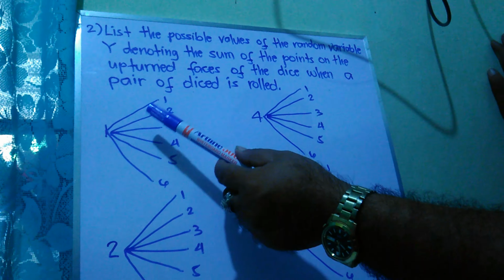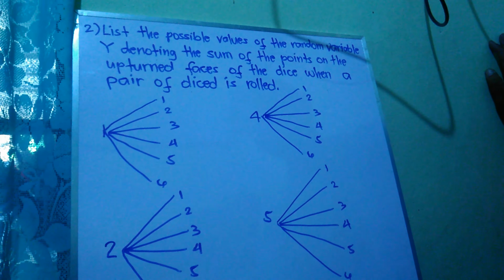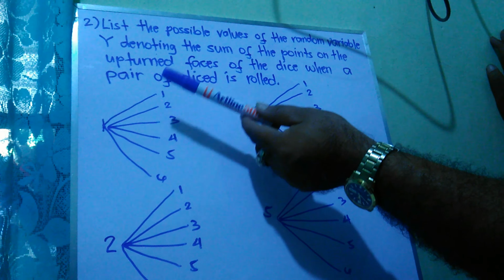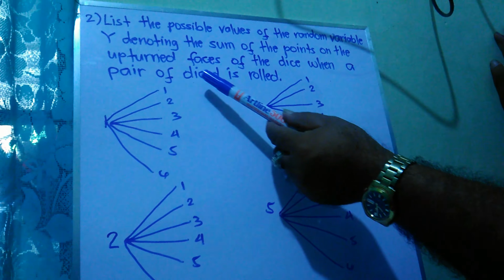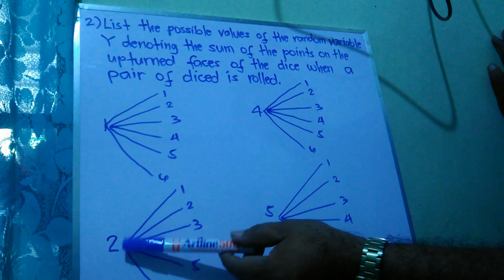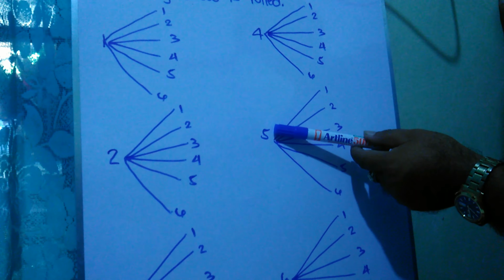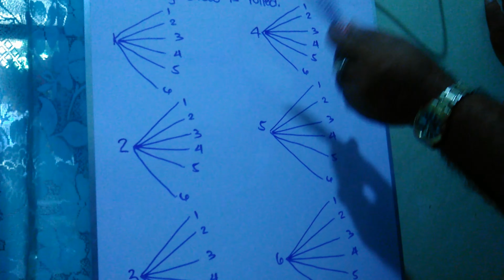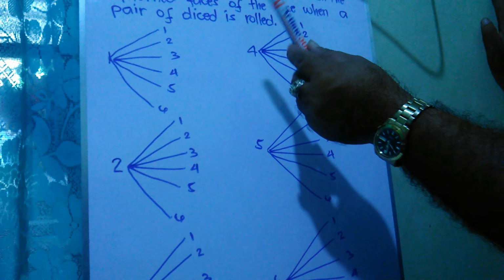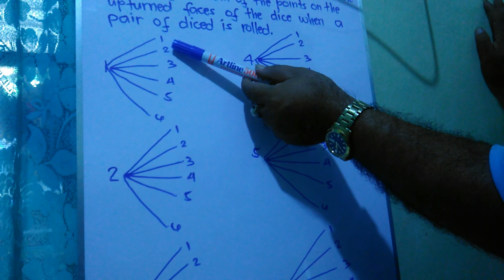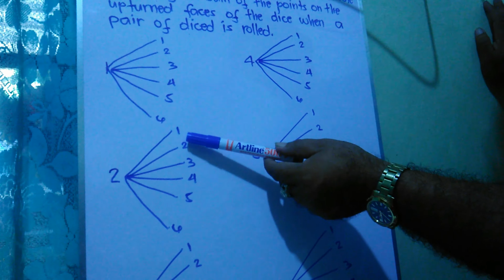In the first roll, the possible values are 1, 2, 3, 4, 5, and 6. In the second roll, the possible values are also 1, 2, 3, 4, 5, 6.